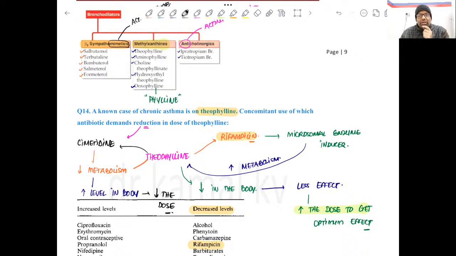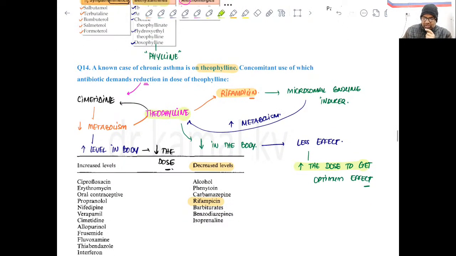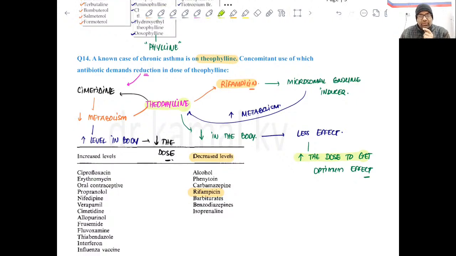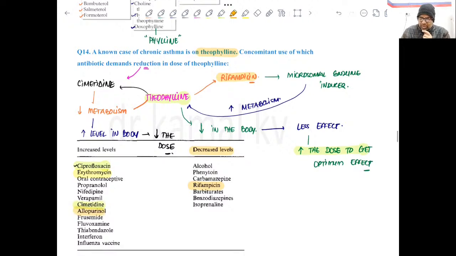So this is a very beautiful concept about the interactions of theophylline. For some drugs, we have to decrease the dose of theophylline because they are inhibiting its metabolism, so the levels of theophylline in the body are already increased. Those drugs are ciprofloxacin, erythromycin, cimetidine, allopurinol. Remember these 3-4.